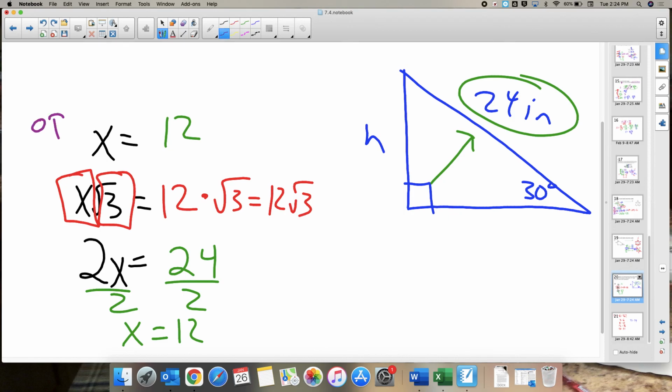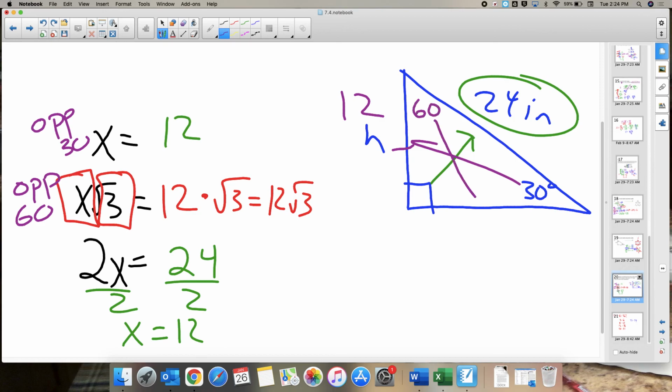The x goes opposite of 30. Opposite of 30, this would be 12. The x square root of 3 goes opposite of 60. So this angle up here would have been 60. So this side down here would have been 12 square roots of 3. And then I have my opposite of 90 was our 2x. That was our 24.